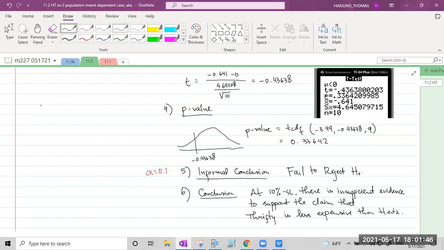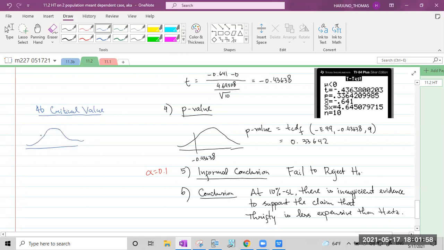For 4B, the critical value, left tail 10%. Inverse T, area to the left 0.1, degrees of freedom 9.